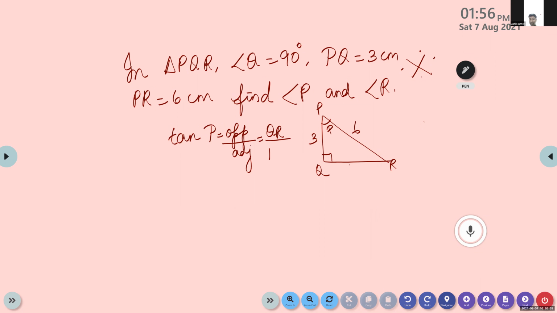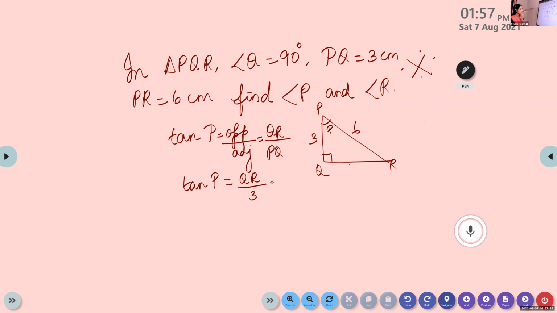QR by PQ. Is QR given? QR is not given. Only PQ is given. So we can write tan P is QR by 3. Yes or no? Yes, ma'am. Then what is the use? Are you getting the answer?